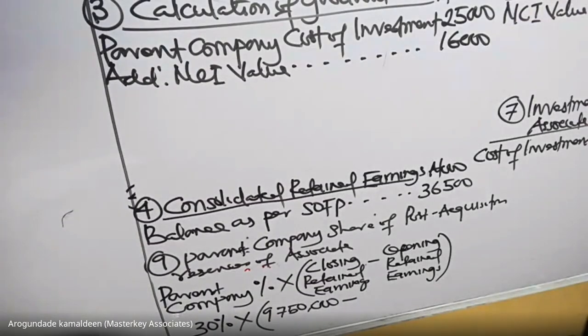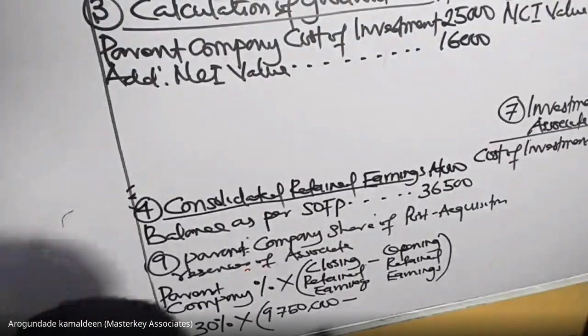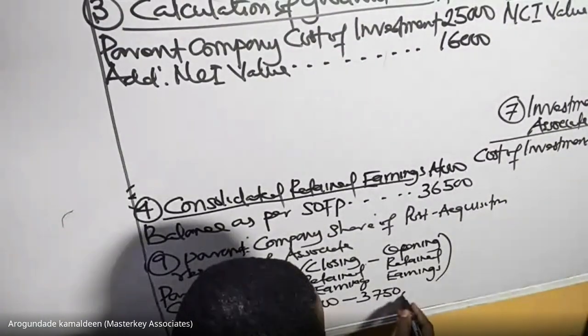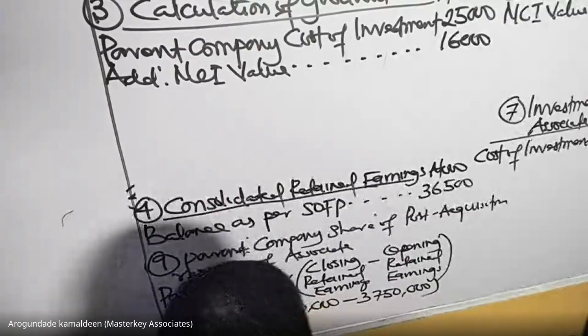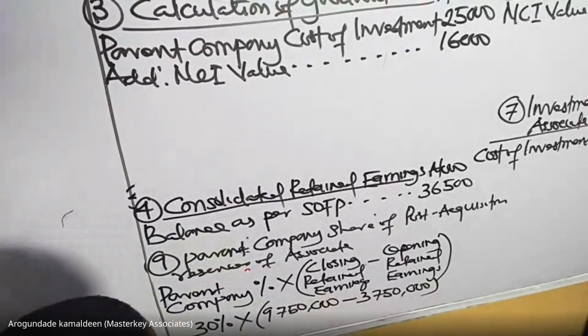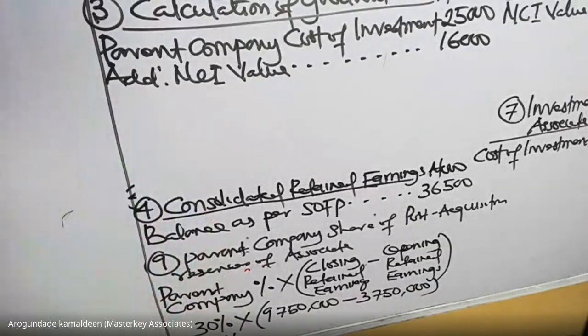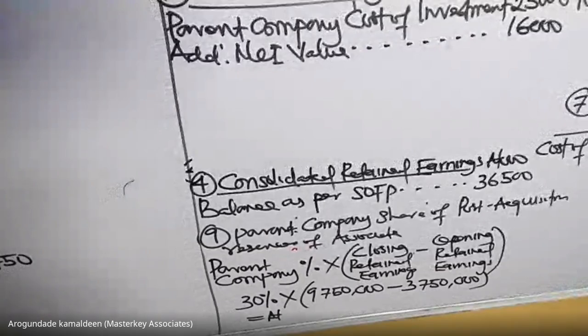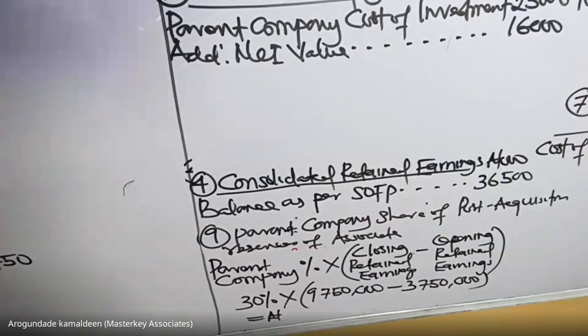That is what? 3 million. So class, what would be the parent company share of the associate reserves? 1.8. Yes, 1.8.